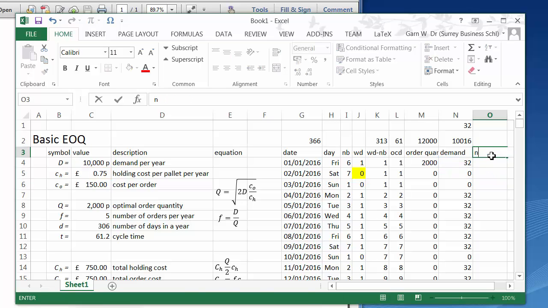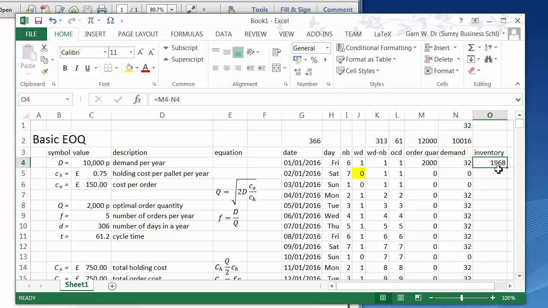What is our inventory? The inventory is nothing else than what we've got minus what we consume. So on Friday we received 2000 pallets in the morning and we consume 32. So at the end of Friday we have got an inventory of 1968, which we will be charged.